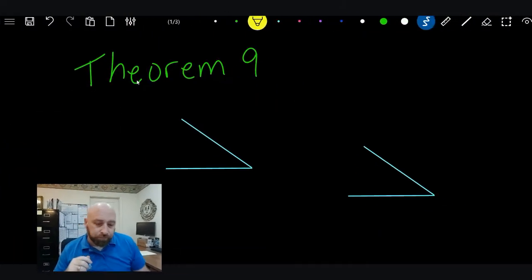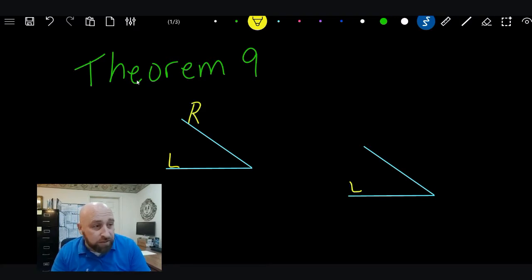All right, page 75. Theorem number 9. If two angles have their sides parallel, right side to right side, and left side to left side, then the angles are equal. So let's go down here. This would be the left side, and this would be the right side.